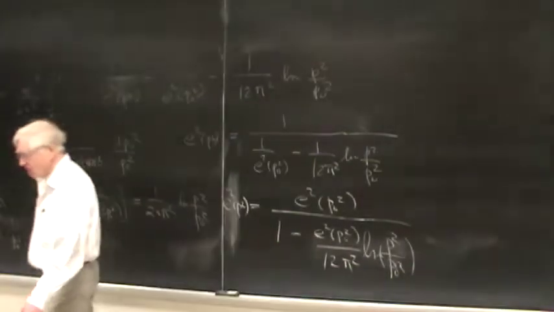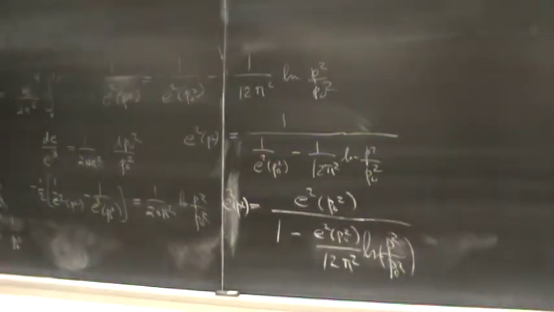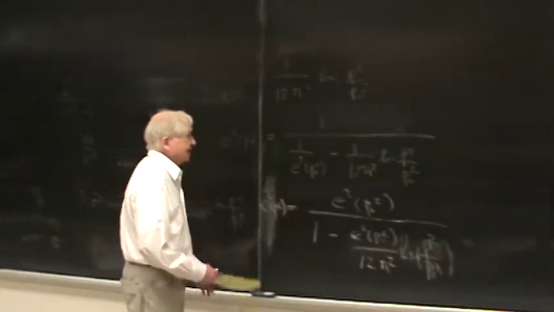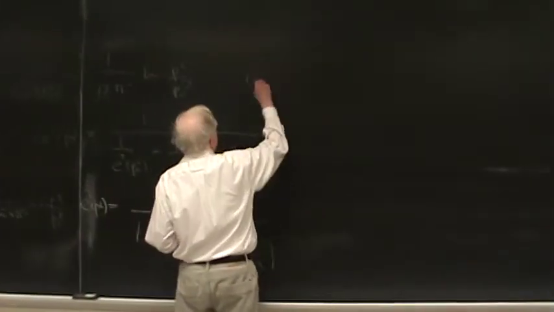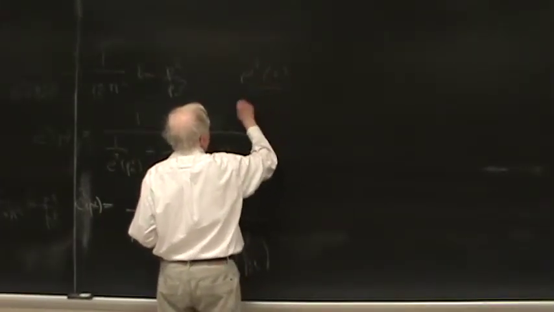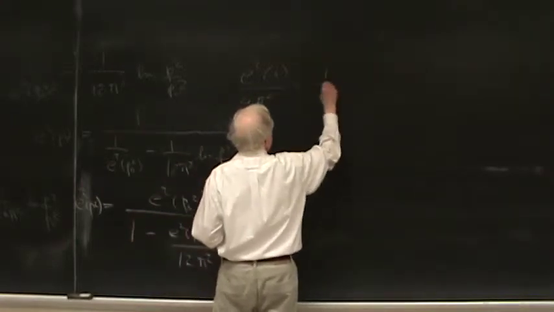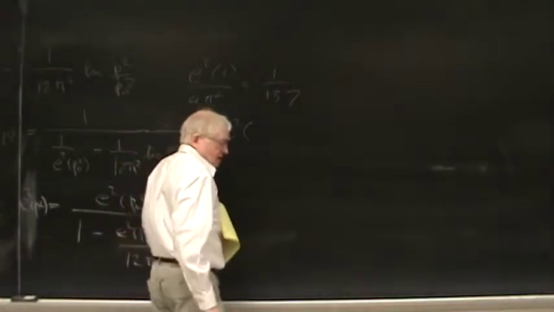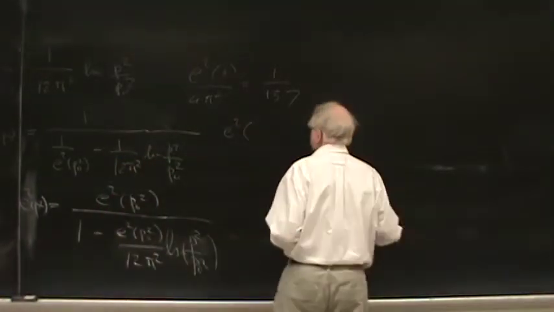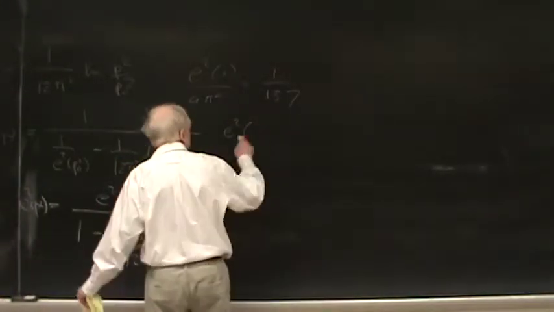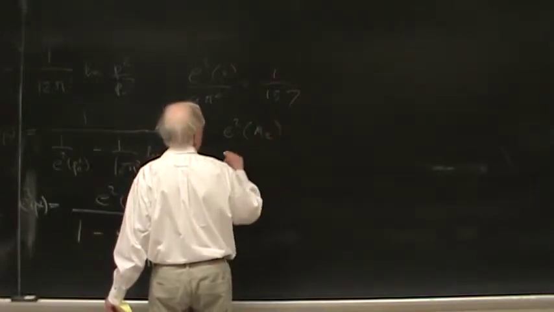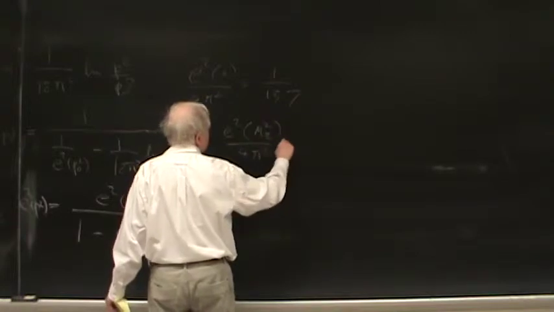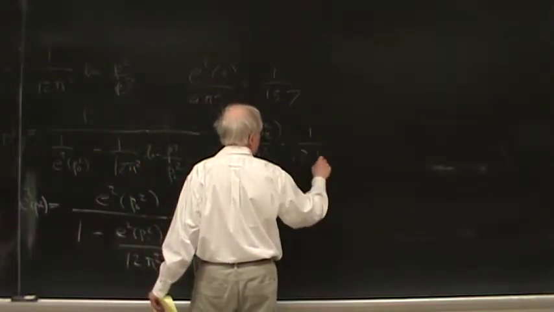And in fact, as you go from really low energies, where e squared of 0 over 4 pi squared is 1 over 137, to e squared at, let us say, the mass of the Z, essentially, squared over 4 pi squared, it is something like 1 over 128.